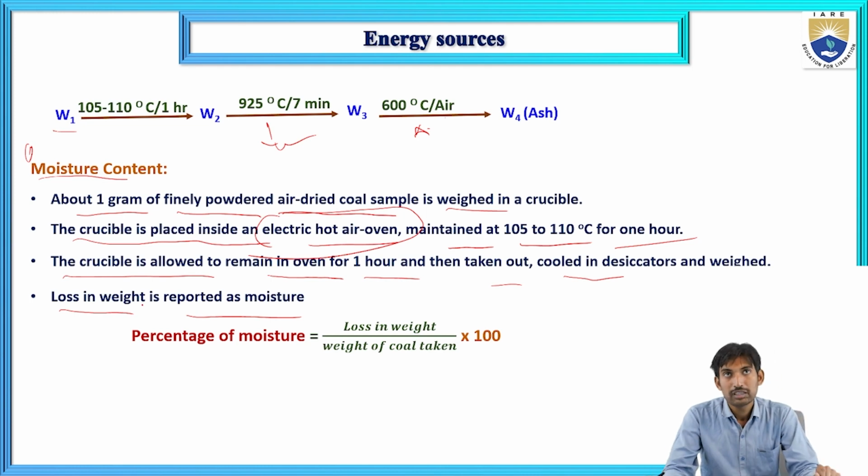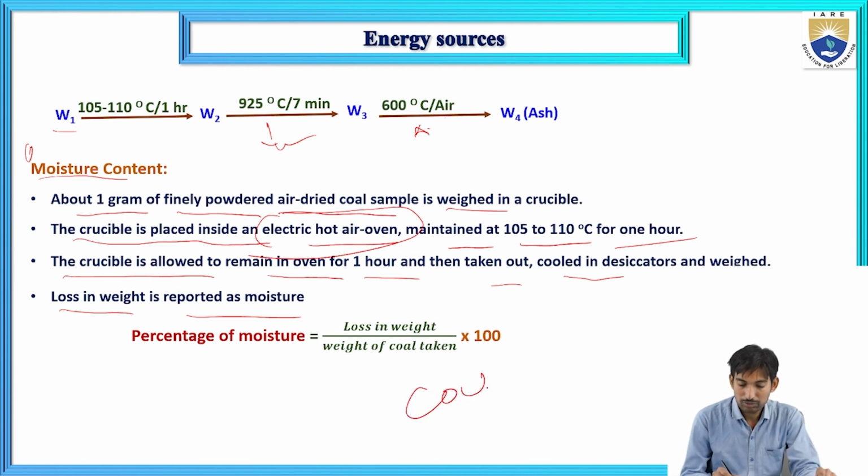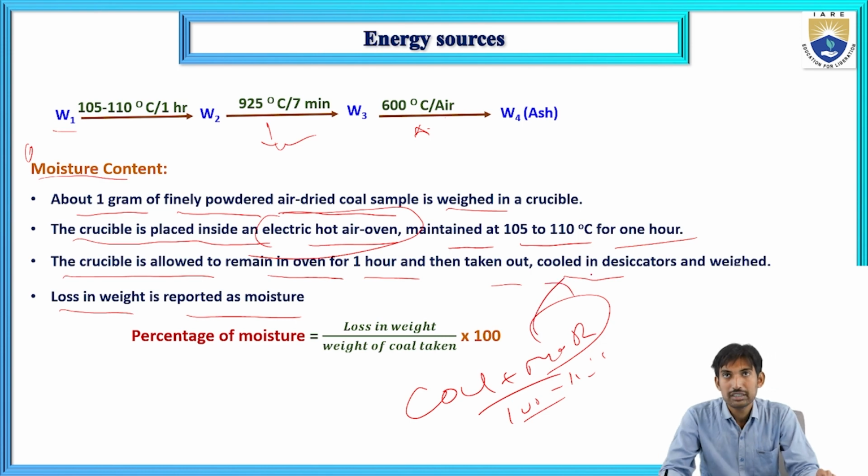If the coal contains moisture, at 105 to 110 degrees centigrade the moisture present in the coal will evaporate. This means there is a loss in the crucible weight because the moisture is removed from the coal.